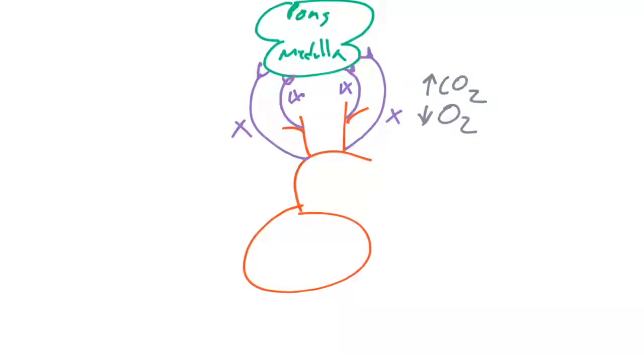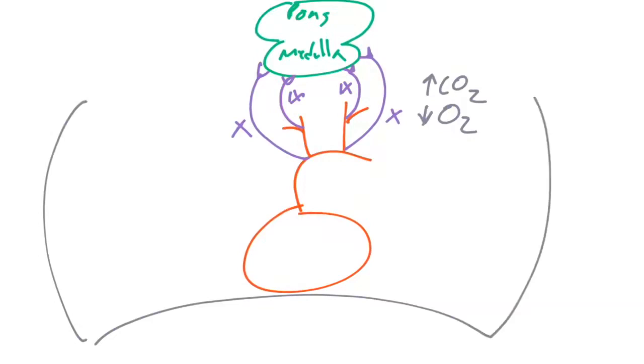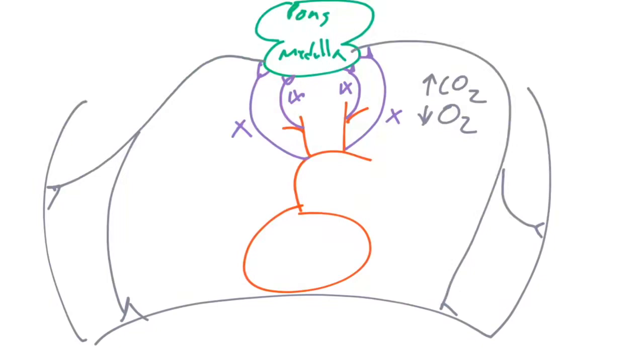So we'll just draw the respiratory muscles, diaphragm. The medulla will stimulate respiration. Something unique about the carotid body receptors is that they are sensitive to increased concentration of acid. In other words, acidemia can stimulate the medulla to increase respiration.